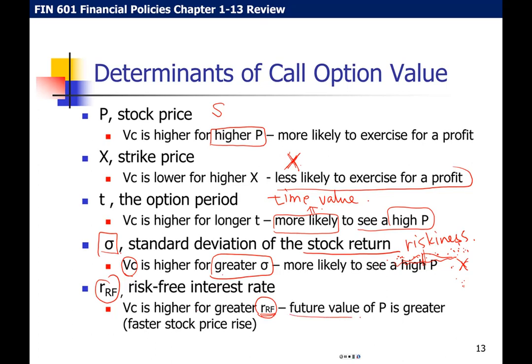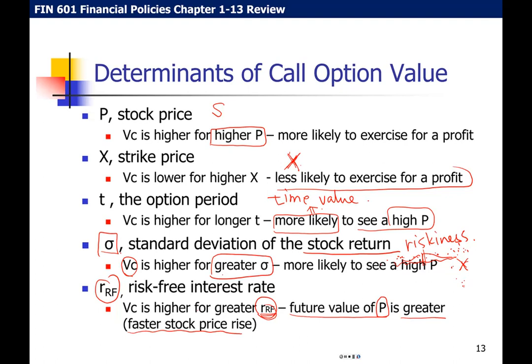So the future value of the stock price can be greater because the stock price is going to grow faster from a higher rate. So these are the determining factors of option values.